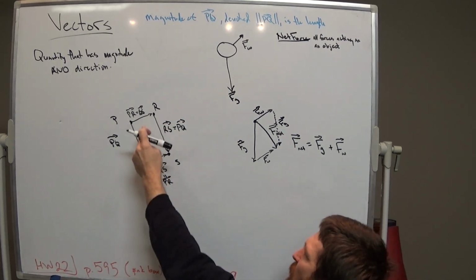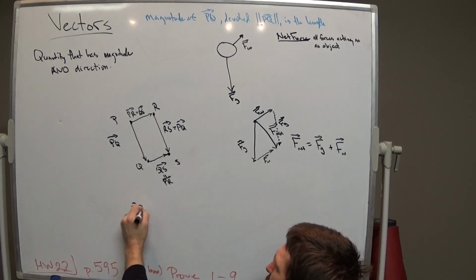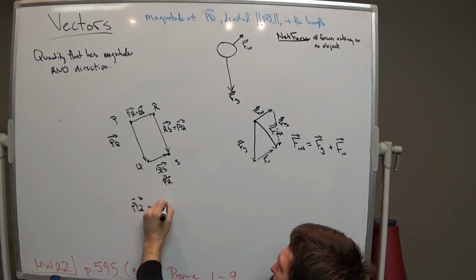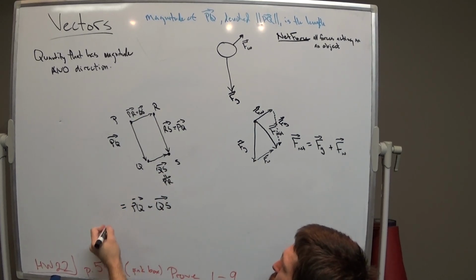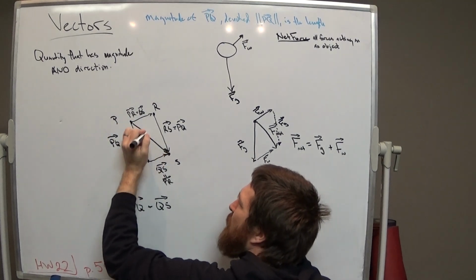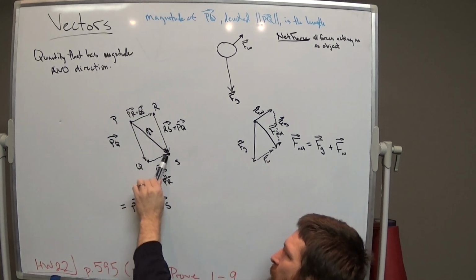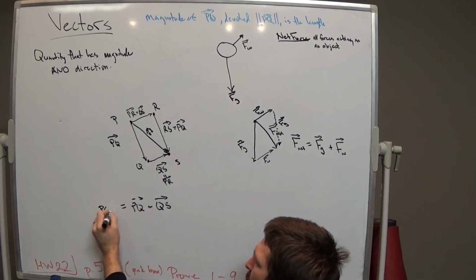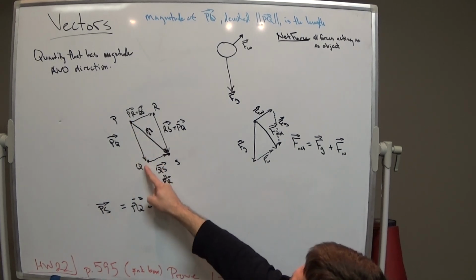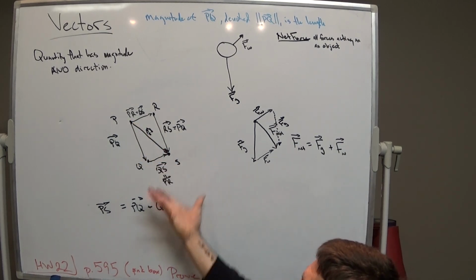And then, okay, so if we go here and then go there, we have the vector PQ plus QS. And it gives you, I guess we'll call this the vector PS. You end up at the same place you would have been if you had just gone directly from here to here, right? Everybody with me on that? Yeah. So I could go from there to there, or I could just go straight there, and it's the same thing.